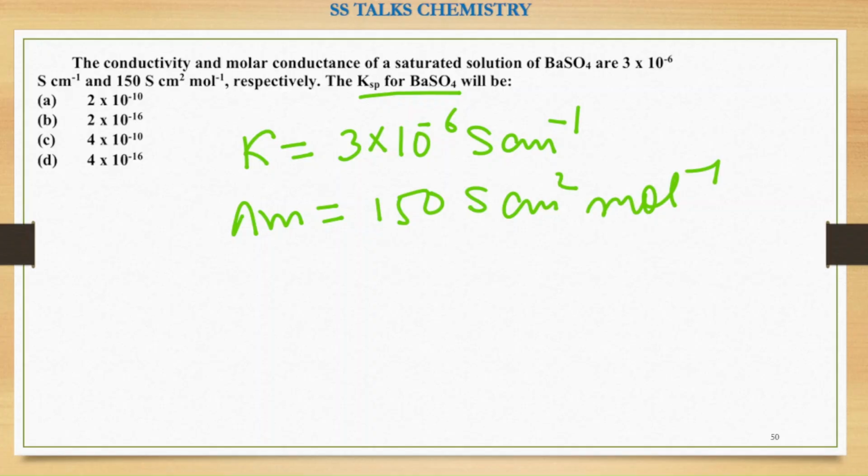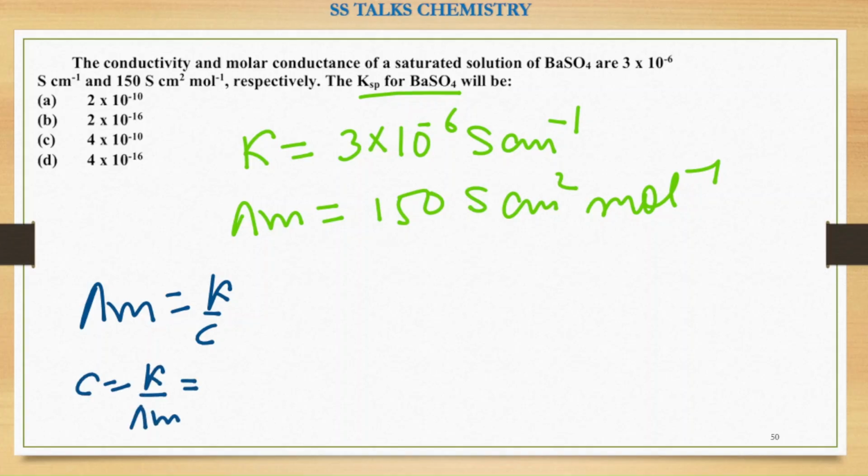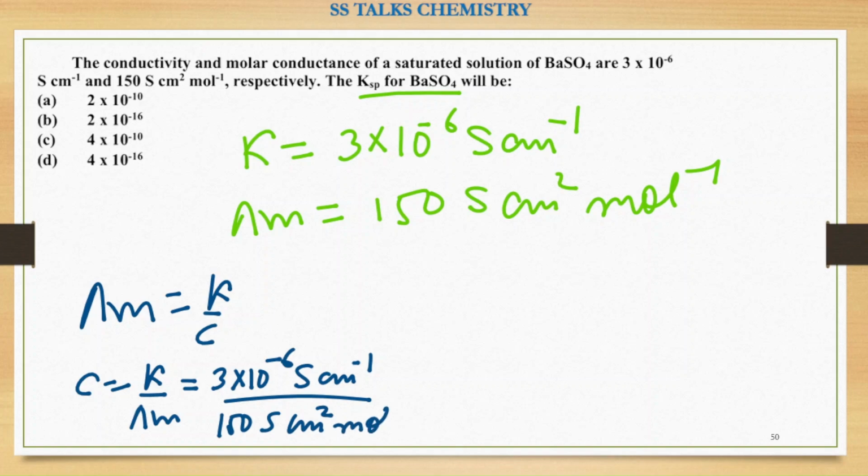So we know that lambda m is kappa upon the concentration. Concentration will be kappa upon the lambda m. So this is 3 into 10 raised to the power of minus 6 Siemens per centimeter, and here it is 150 Siemens centimeter square per mole.